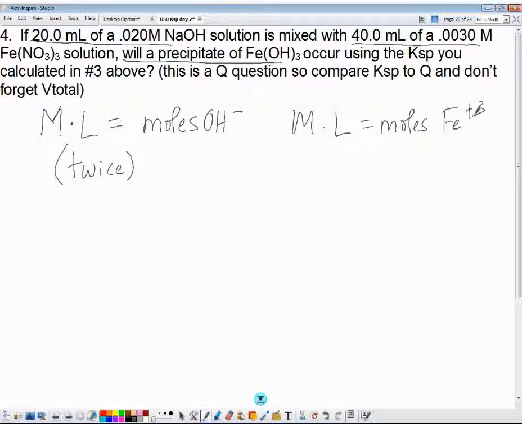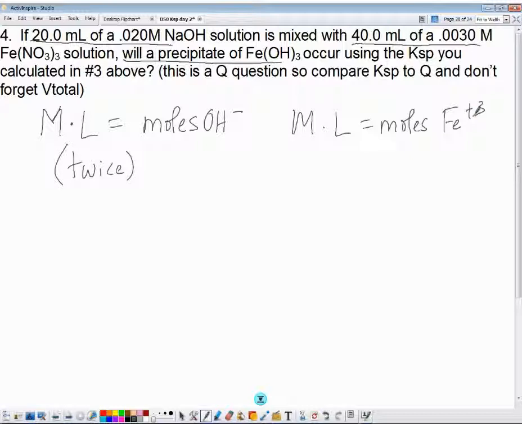I can say, stop the clock. Let me see what I have initially. So molarity times liters will give me moles. And if I take that number of moles and divide it by total volume, I will know the molarity of my iron 3 initially, and the molarity of my hydroxide initially.